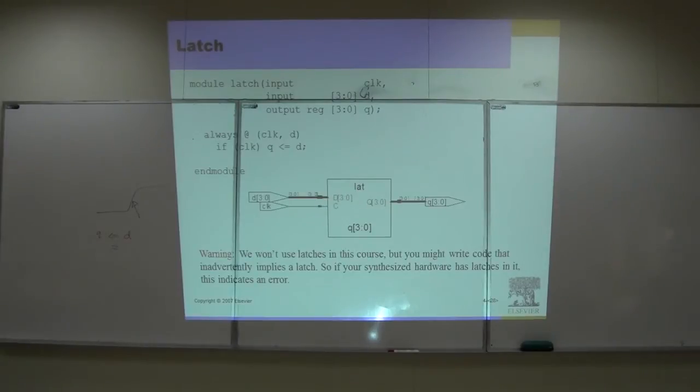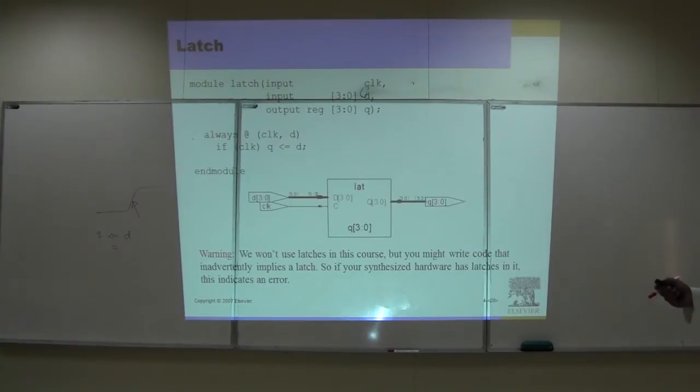Anyway, the main difference is that in the flip-flop, the flip-flop will work only on the edge. For the flip-flop, it will transfer the data into the output when you have a clock edge. The time of transfer is at the clock edge.